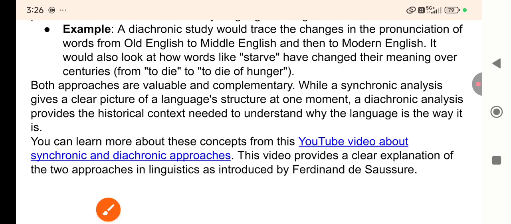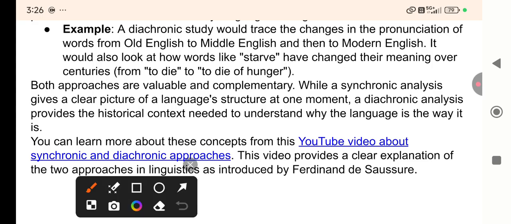So both approaches are valuable and complementary. We do both synchronic linguistics and diachronic as well.